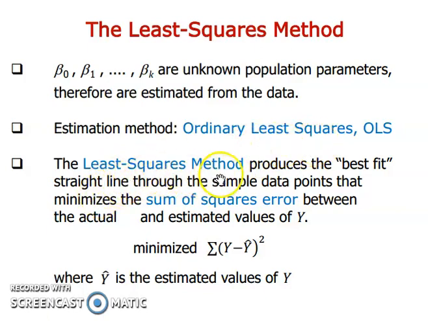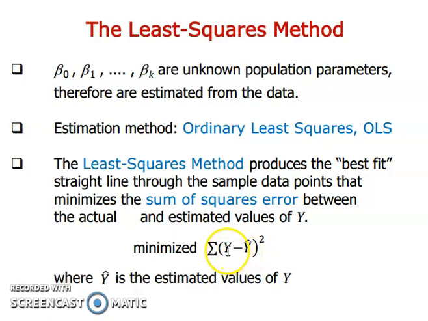The least squares method produces the best fit straight line through the sample data points that minimizes the sum of squared errors between the actual and the estimated values of y. So here, y minus y hat: this is the actual y, and this is the estimated y.